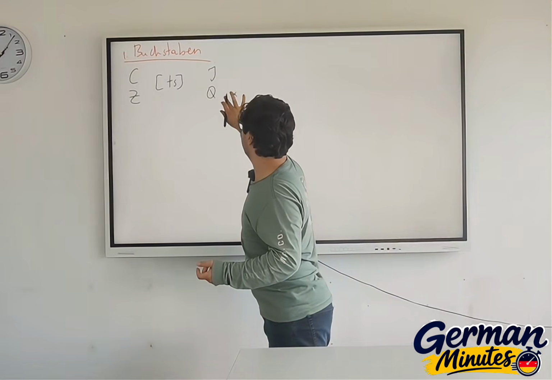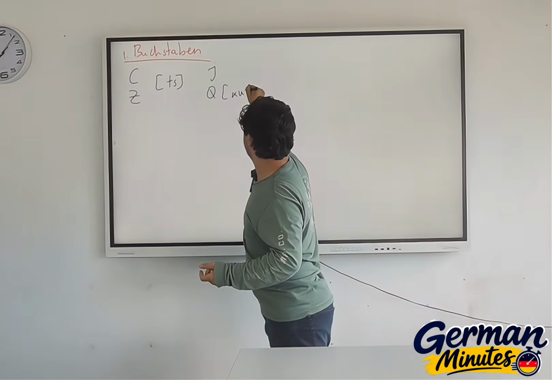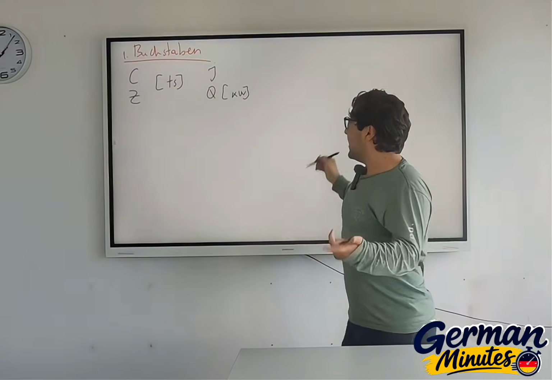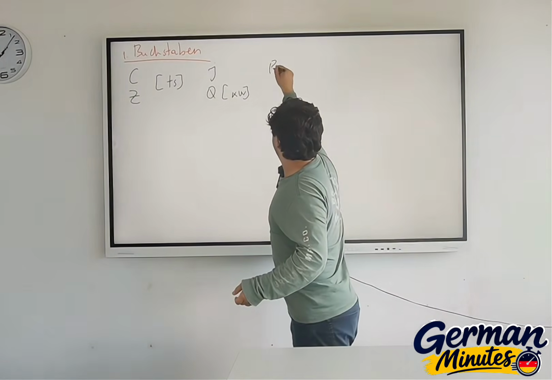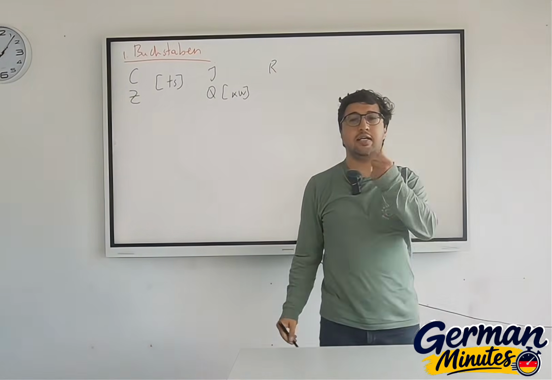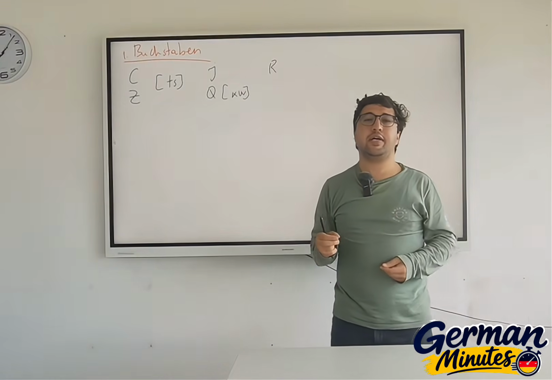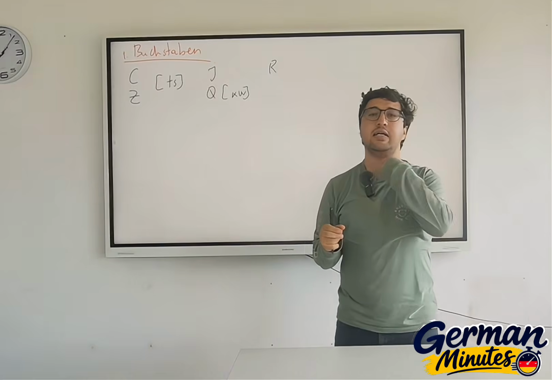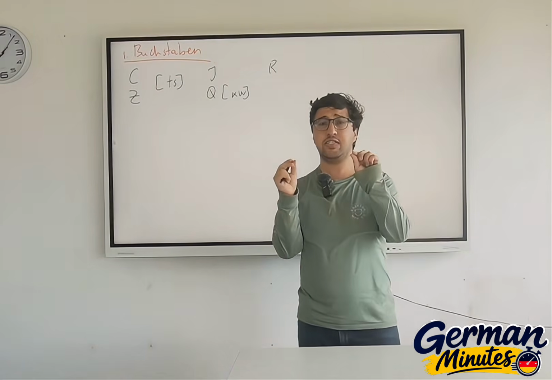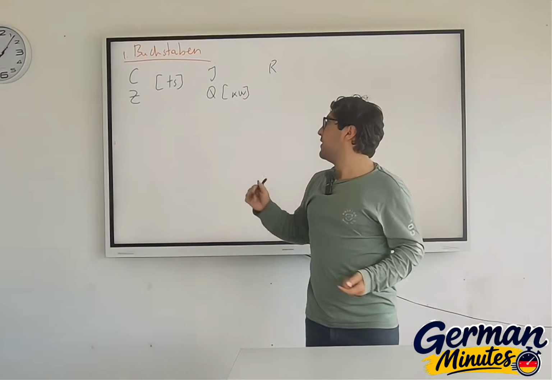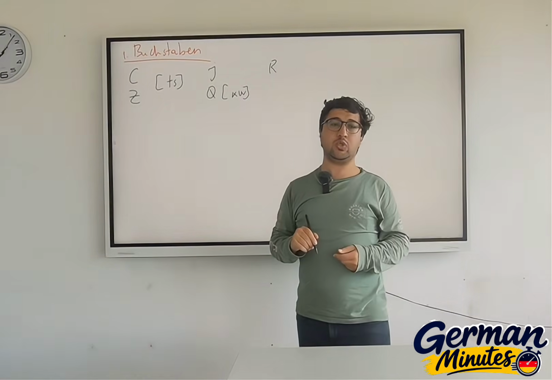The next one, one of the most complicated ones, R, like French R, restaurant. Sometimes it's R in most cases, and sometimes it's actually a soft R, arbeiten, lernen, and so on. We should know this one as well.